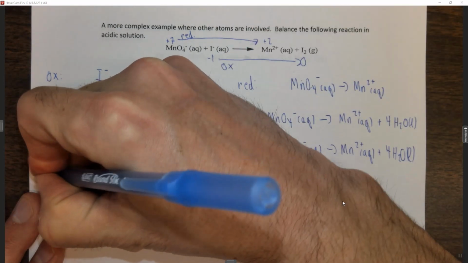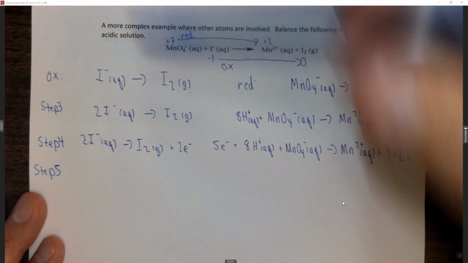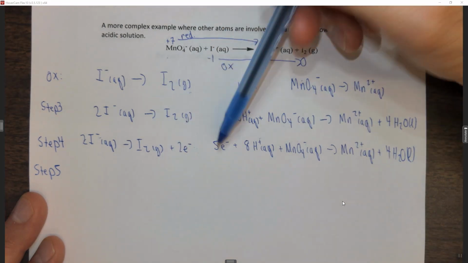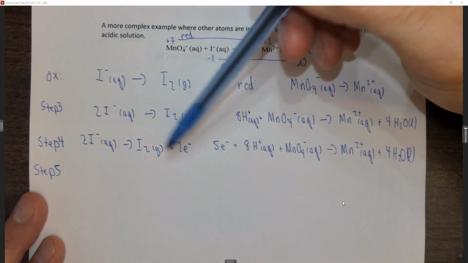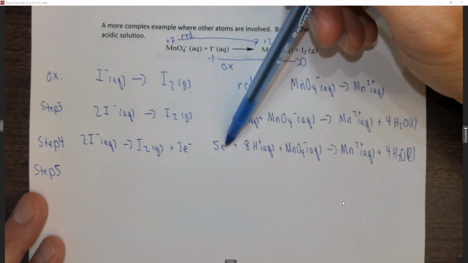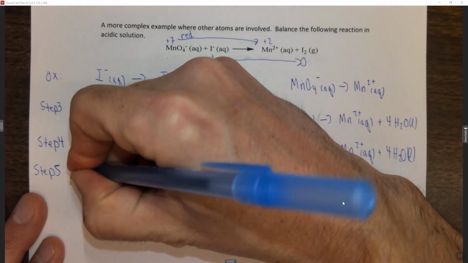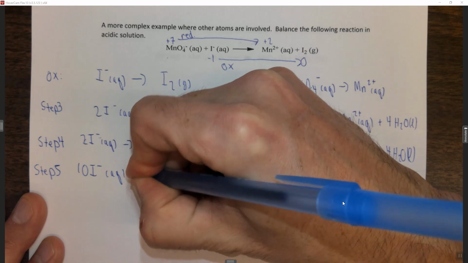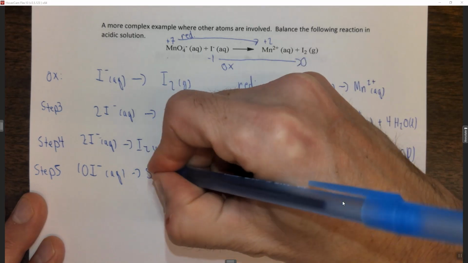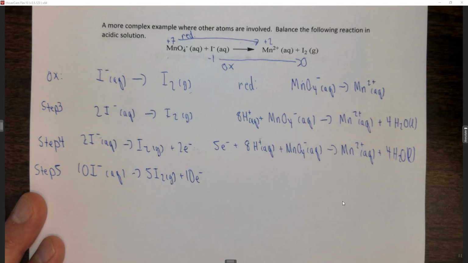Step 5 is to equalize the electrons between these two reactions. So in this case we have 2 electrons, in this case we have 5 electrons. So when we add the two reactions together we need the electrons to cancel out. So the lowest common multiple between 2 and 5 is 10. So we want to multiply everything here by 5, which is 10I minus aqueous yields 5I2 gas plus 10 electrons.